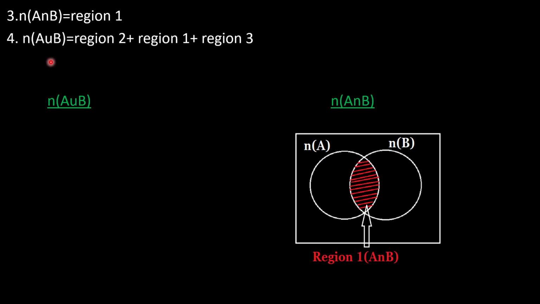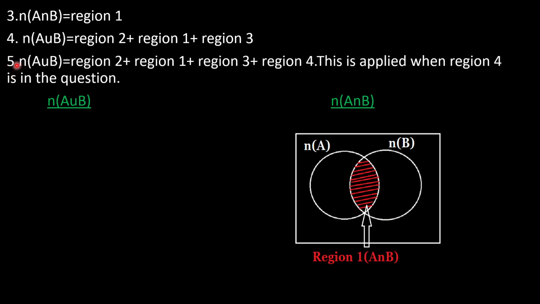Number 4, the number of A union B is equal to region 2 plus region 1 plus region 3. Sometimes the union may be given in two different ways, where region 4 is given and where region 4 is not given. So let's look at the number 5 trick.